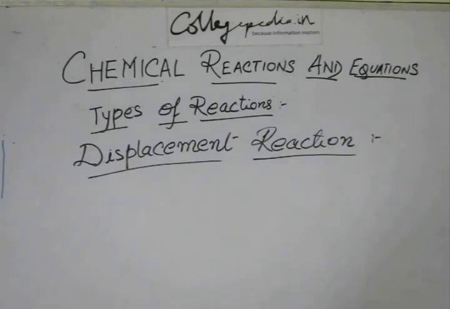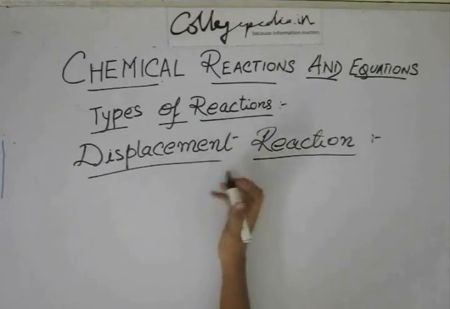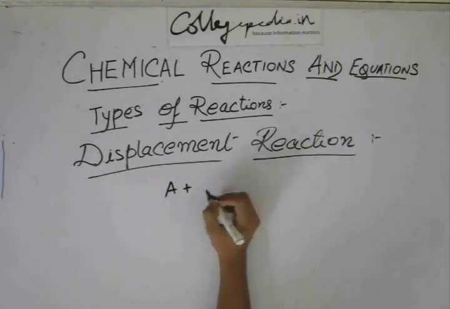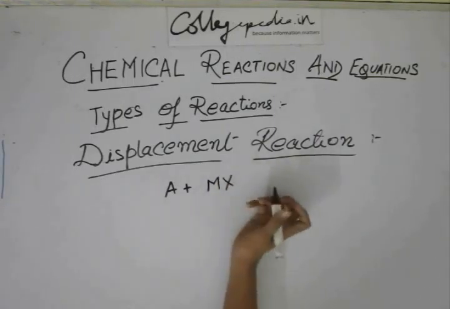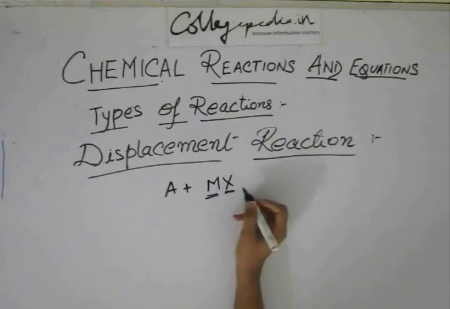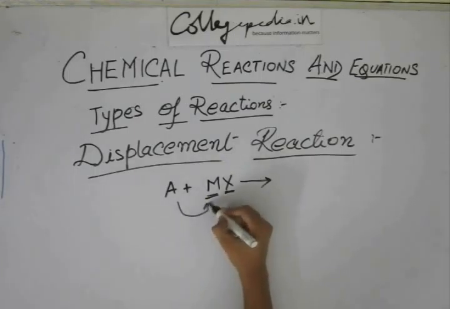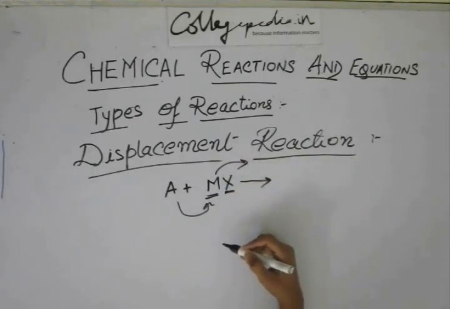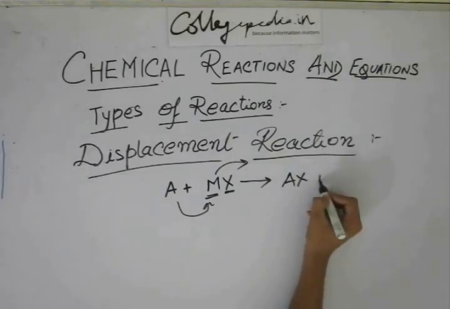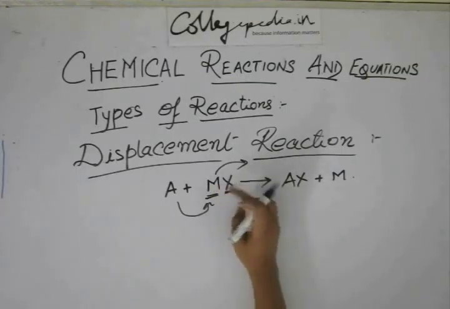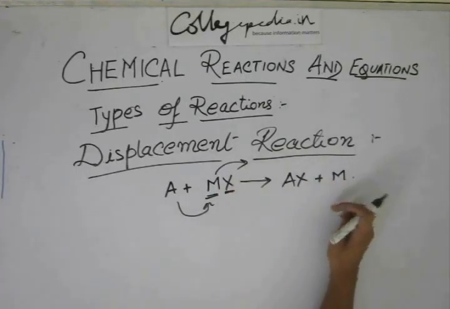Now in displacement reactions, you have some A and a compound of an element B. Suppose MX, it's a salt, where M is the metal and X is the radical. And A will just knock this M out. It will become AX plus M. That means A will take the place of M in the salt, and M will just be knocked out and will be left alone.